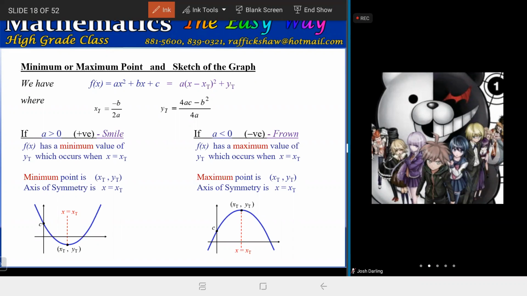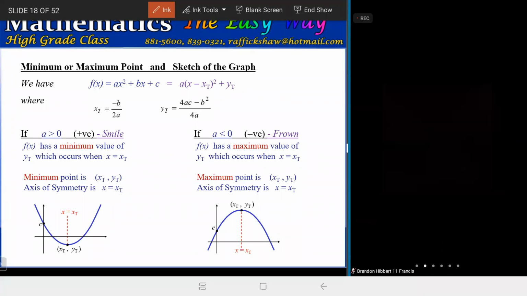All right, guys. So what you're seeing on the screen is almost like a summary of what we've been doing so far, which is to move from the standard form to the vertex form by the process of completing the square.